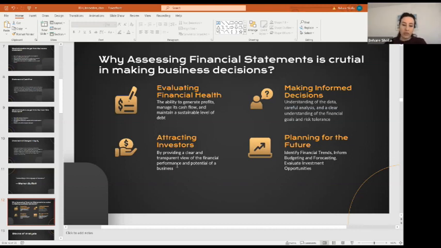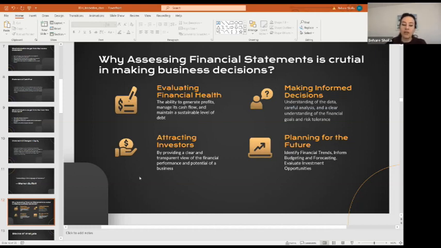Through the information that we provide with financial statements, we can attract investors because they will analyze the potential of the business and also the financial performance.